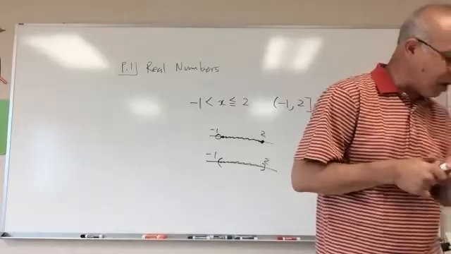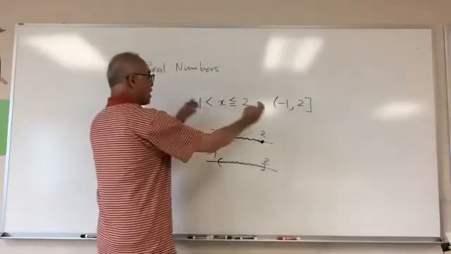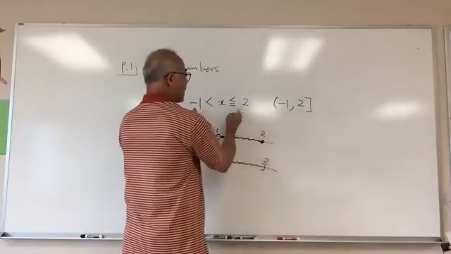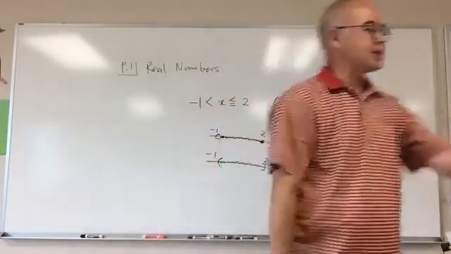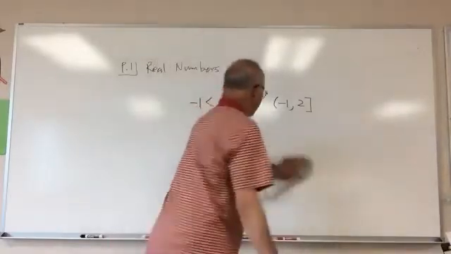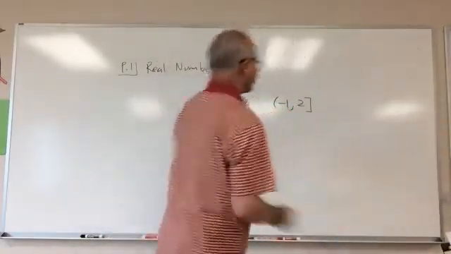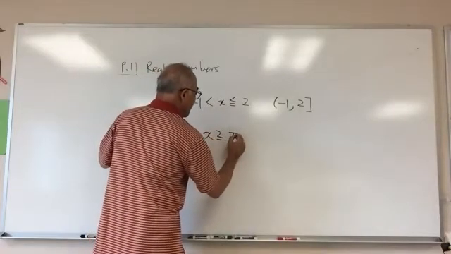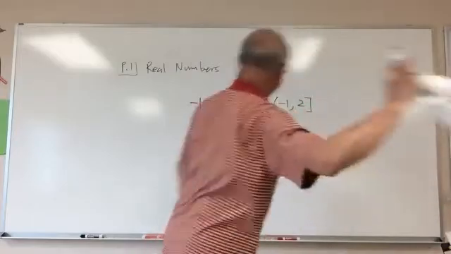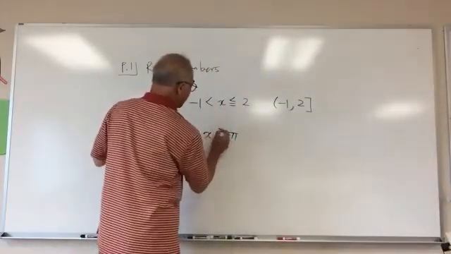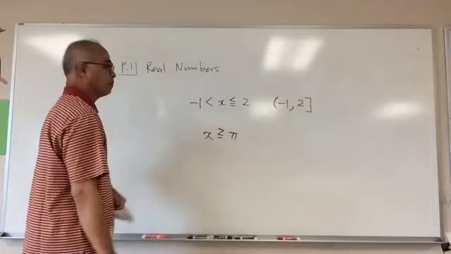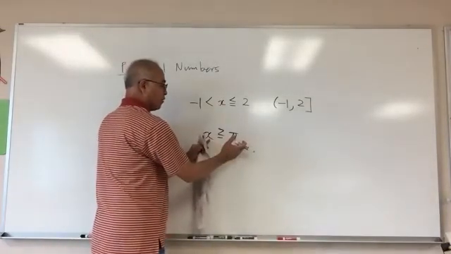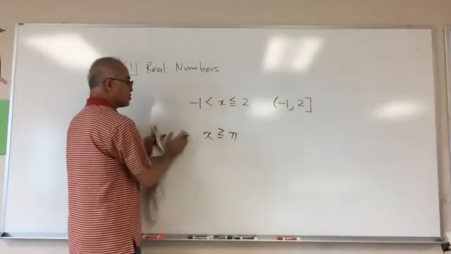And so these are all bounded because either way, you have a number that signifies the end points, okay? Sometimes you're going to have things that look like this. X is greater than or equal to pi, okay? What happens is we have a boundary on one side, but on the other side, it's all the way open.